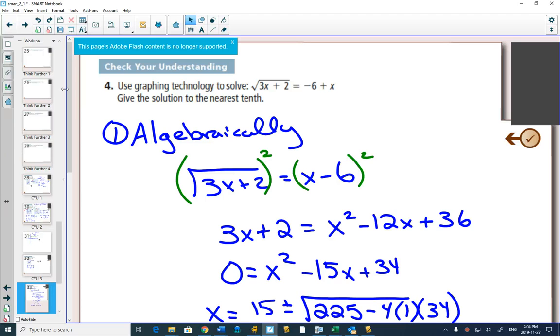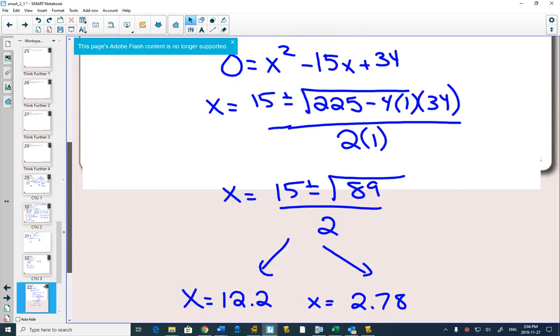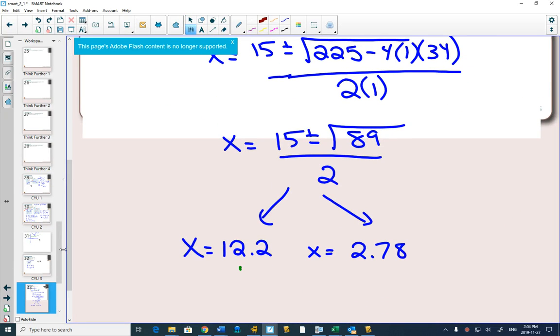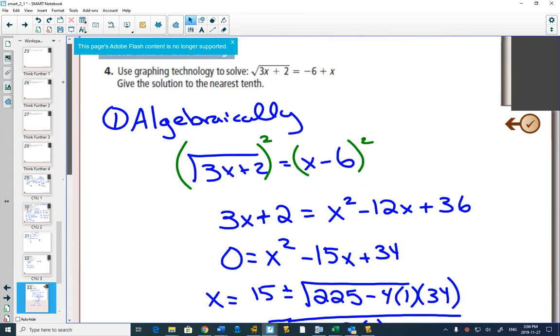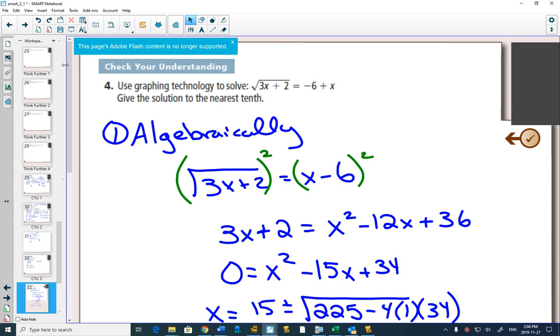So I'm going to put a little check mark by this one. If I try 2.78, plug in 2.78, I'll show you the shortcut of how I know that this won't work. Square root of a positive number is always positive.